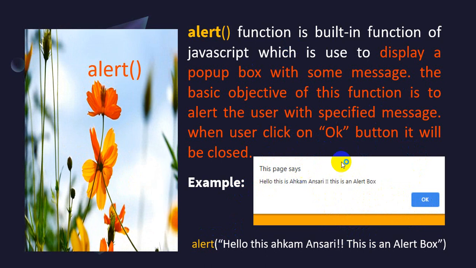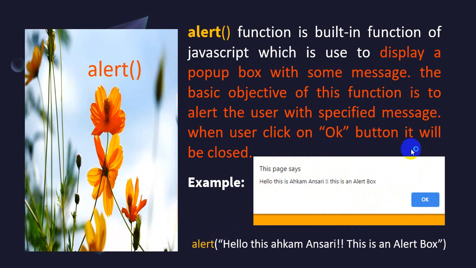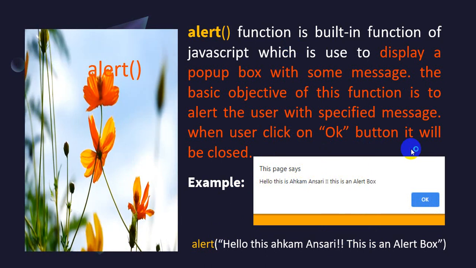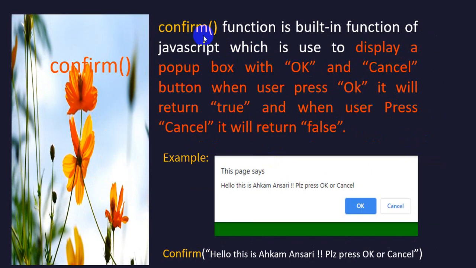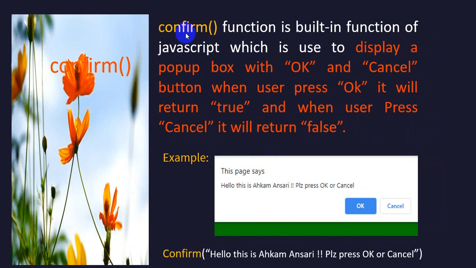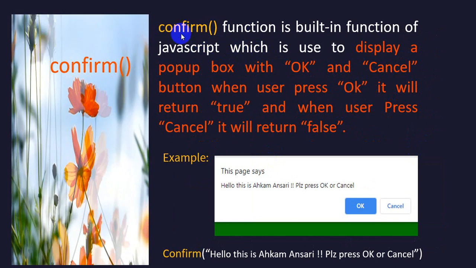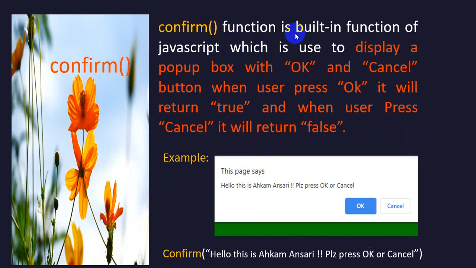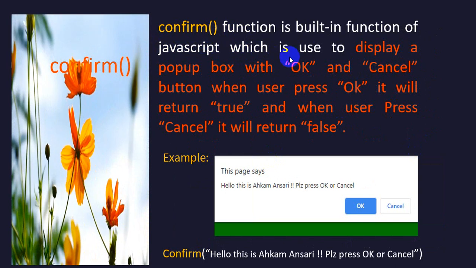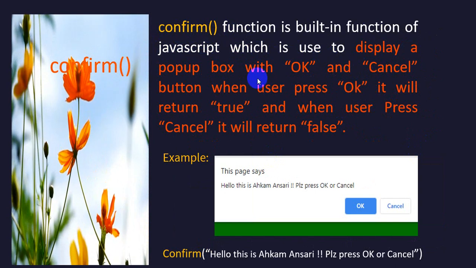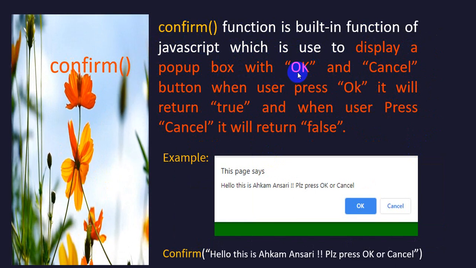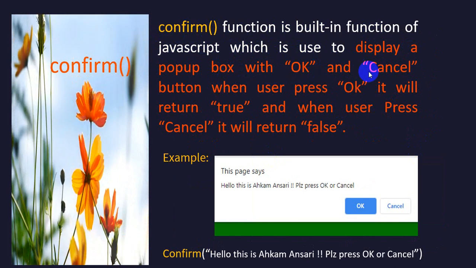Just don't take tension. I am moving to the next thing, the confirm function. The alert function is very similar to confirm. The confirm function is a built-in function of JavaScript, which is used to display a pop-up box, the same thing with OK and cancel buttons.